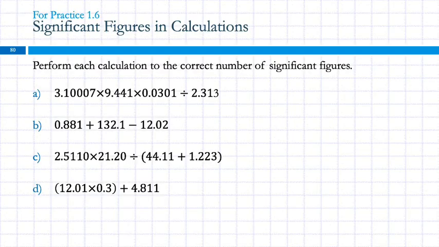So let's do some examples here. This first one is all multiplying and dividing, so we can just do this all together on the calculator and use the one rule. The first thing I'm going to do is just do the numbers in the calculator. 3.1007 times 9.441 times 0.0301 divided by 2.313 equals.